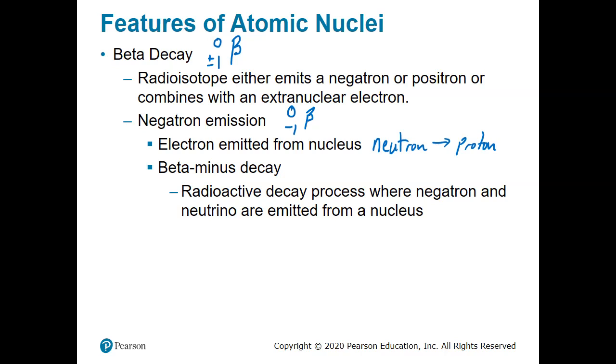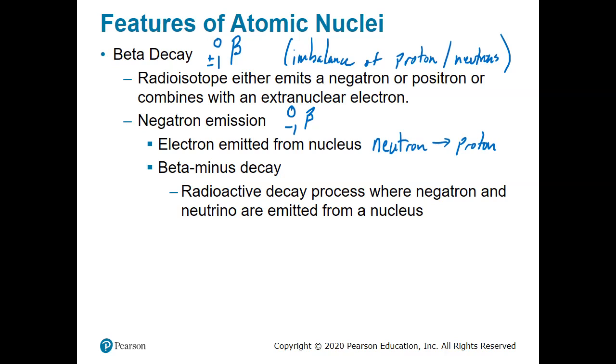So beta decay mainly comes from an imbalance of protons and neutrons in the nucleus. When we see beta decay, it's because we usually either have too many protons or we have too many neutrons.